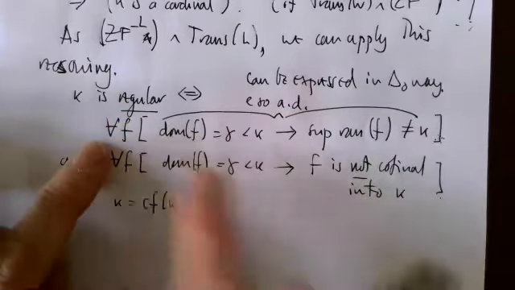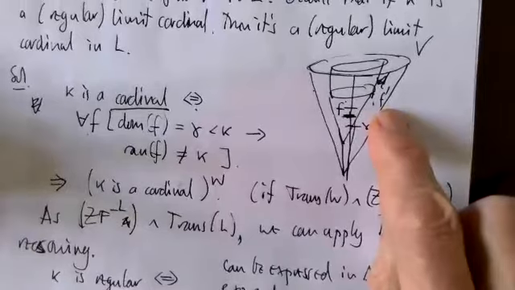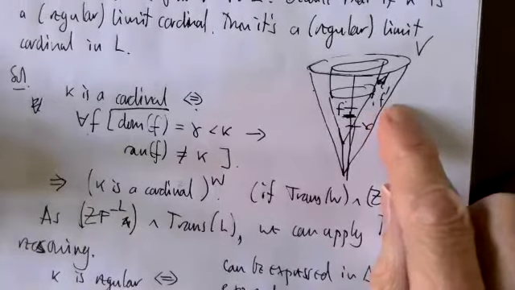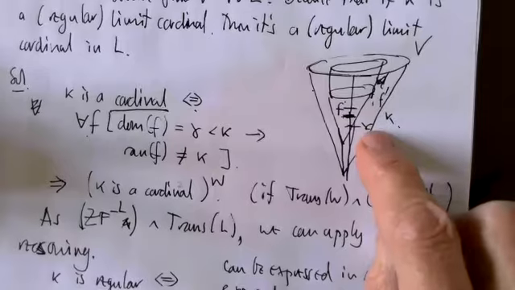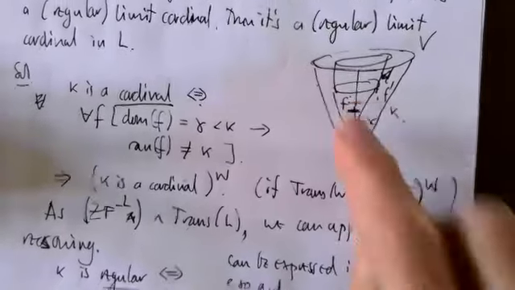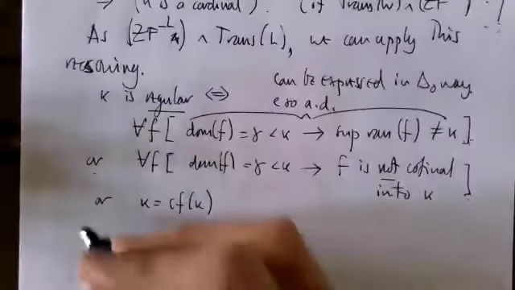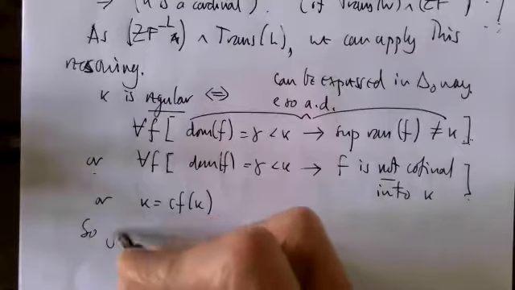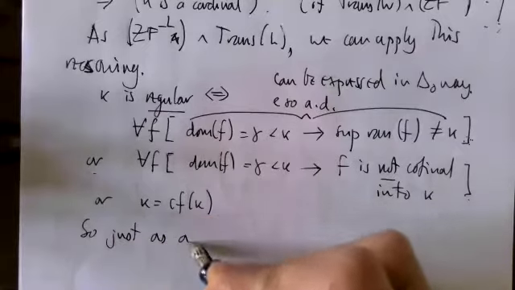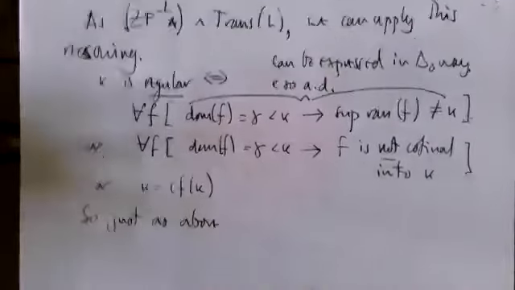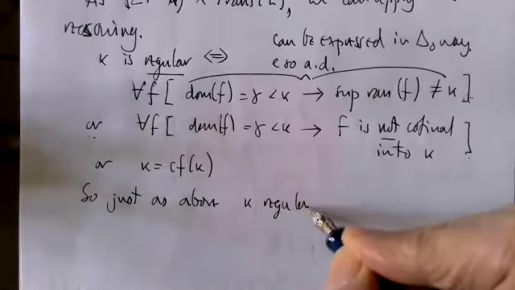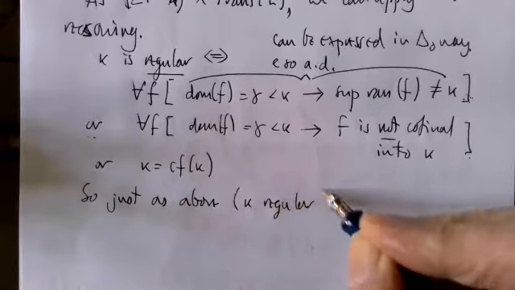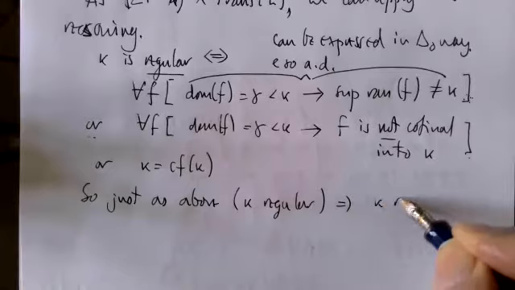And again, there's a for all quantifier outside. And for the same reasons as here, if there are no functions in V from some gamma less than kappa cofinally to kappa, there certainly aren't any in L. So then you could just say, just as above, kappa being regular implies that it's regular in L.